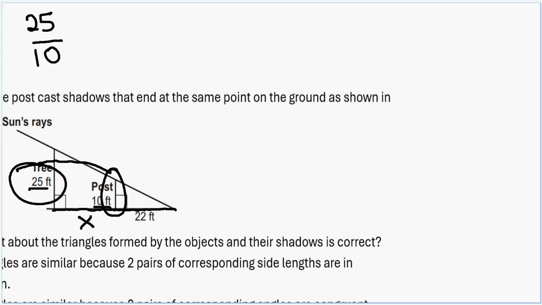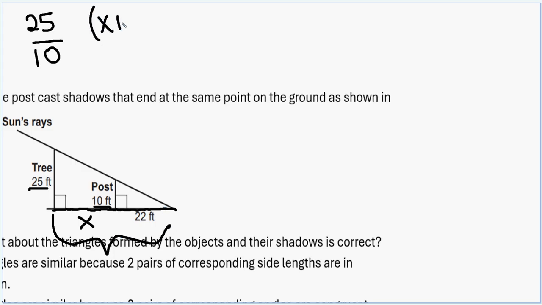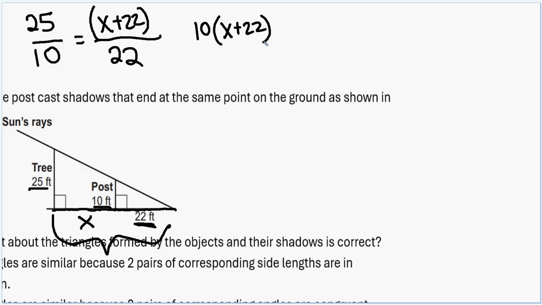And then I could set that equal to, this entire side here would be the quantity x plus 22 over, from the smaller triangle, just the 22. So if we solve this, we're going to get x. So we're going to have 10 that'll need distributed over the x plus 22 is equal to 22 times 25.